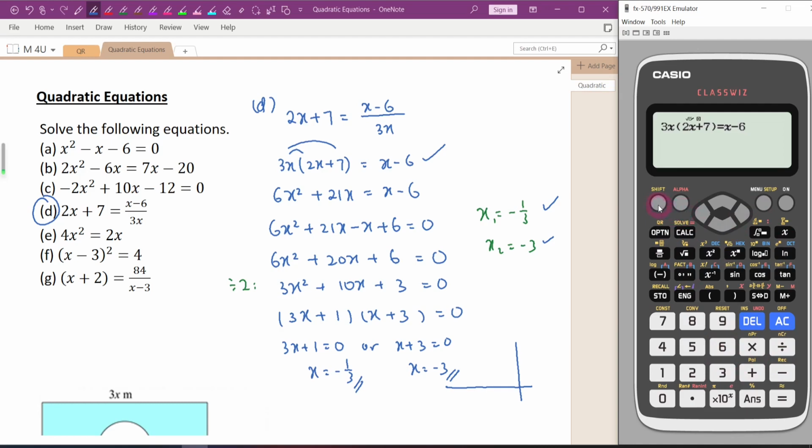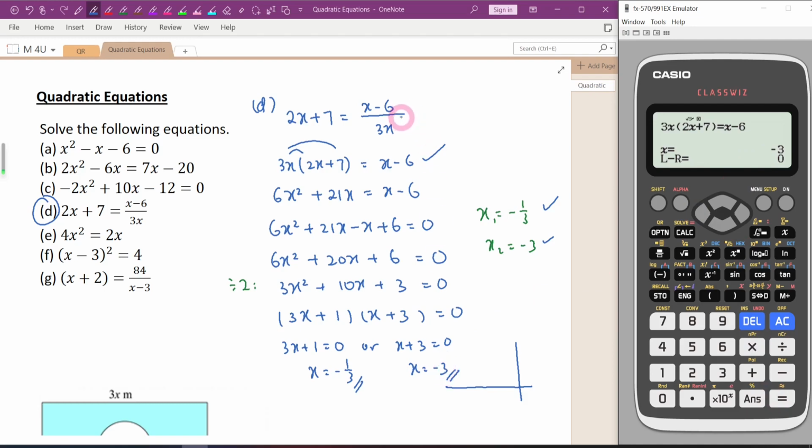Ask the calculator to solve for us. Let me use 1000 first. I get this answer. This time I'm going to use negative 1000, to see whether we can get this answer. Negative 1000. Yes, we are able to get the other answer.